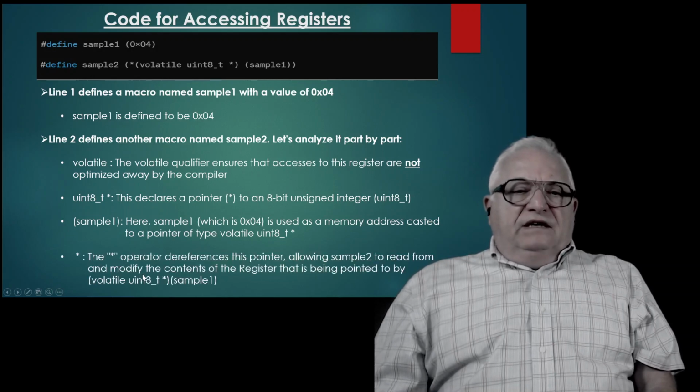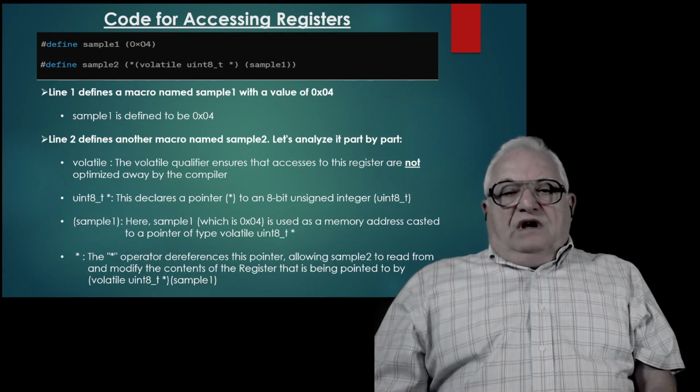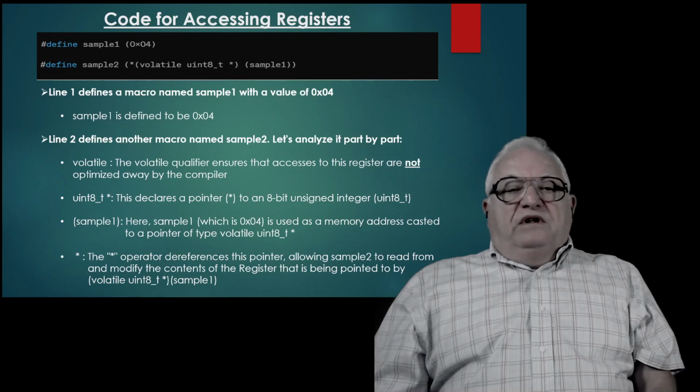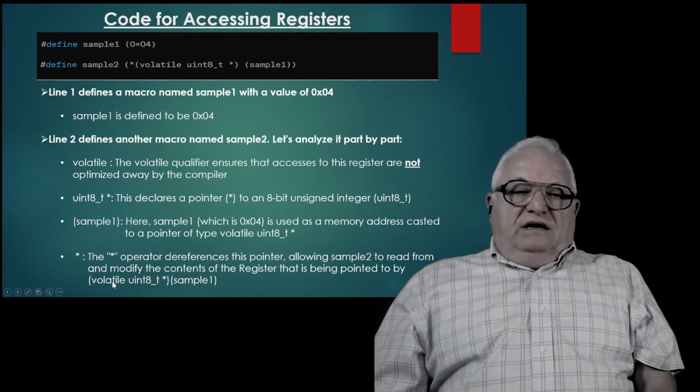And finally, the asterisk operator dereferences this pointer, allowing sample 2 to read from and modify the contents of the register that is pointed to by volatile uint8 sample 1.